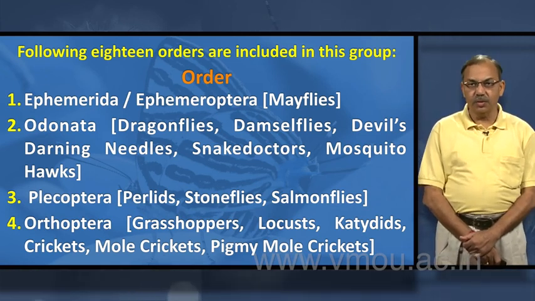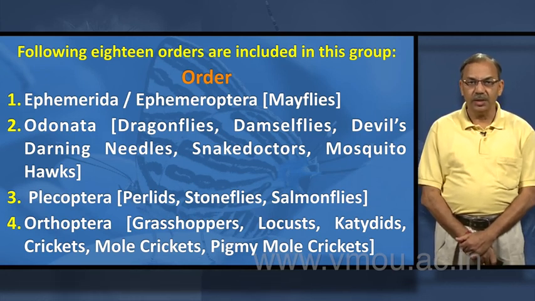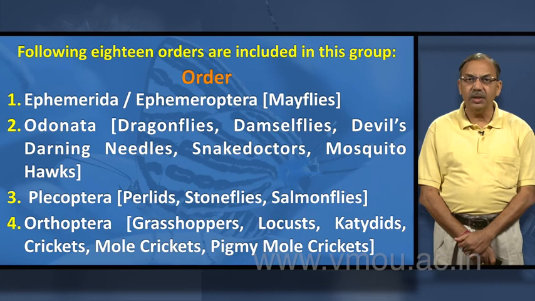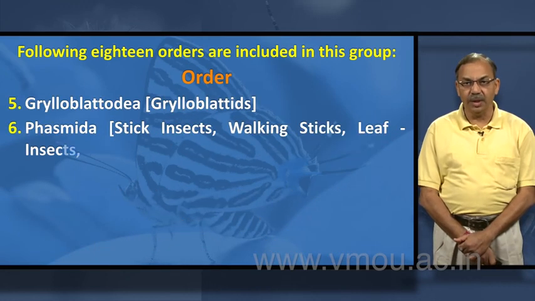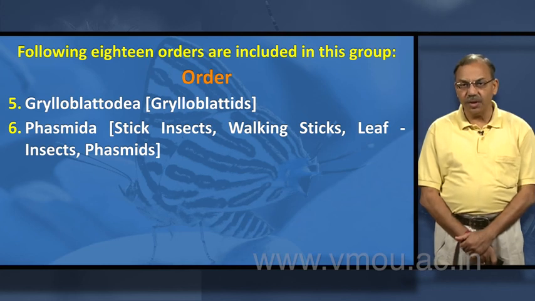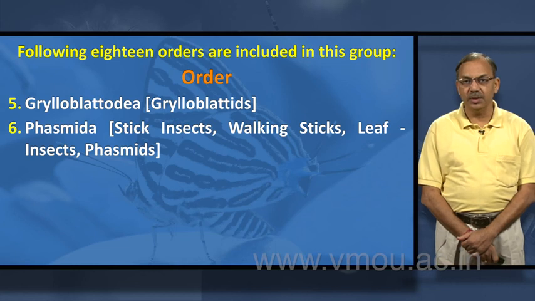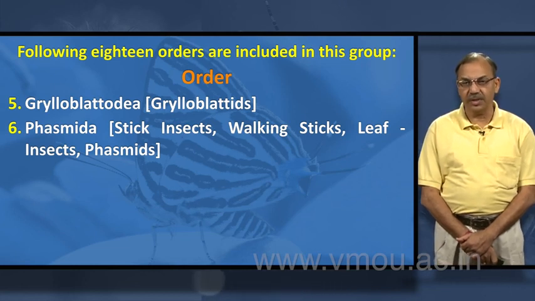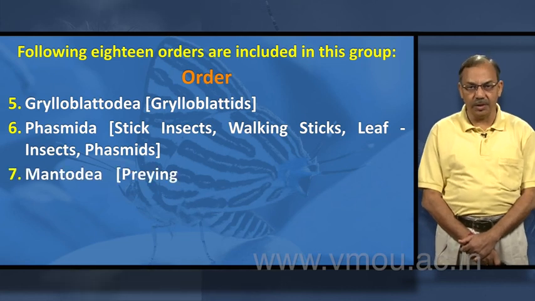Orthoptera: grasshoppers, locusts, katydids, mole crickets, pygmy mole crickets and crickets are included in this order. Grylloblattodea, Grylloblattids. Phasmida, so-called stick insects, walking sticks, leaf insects or leaf phasmids, are included in this order. They are very interesting and we will study them in detail when we study the order separately.